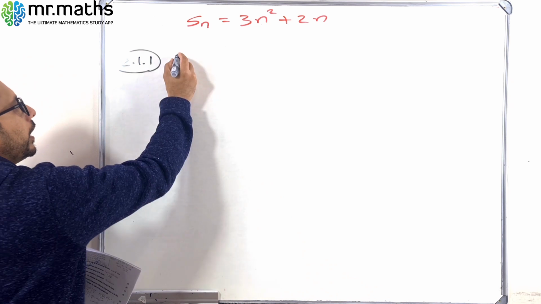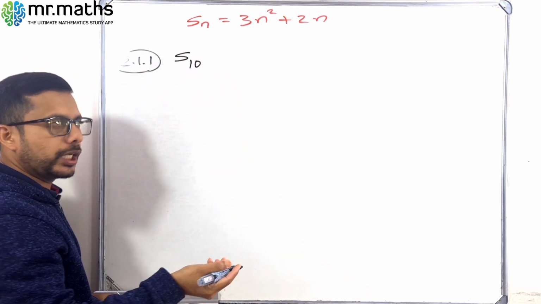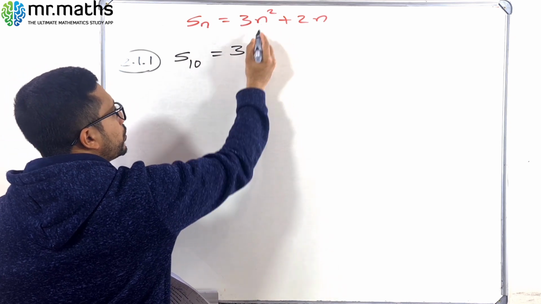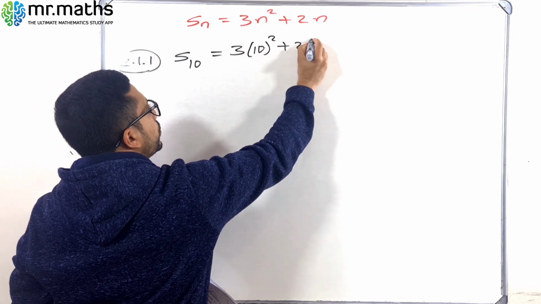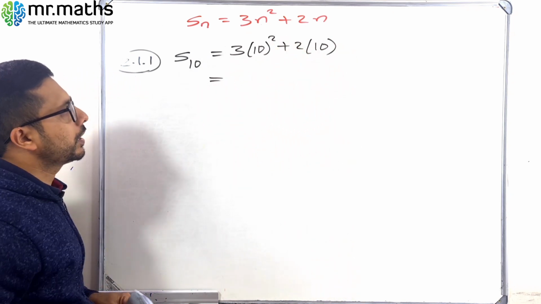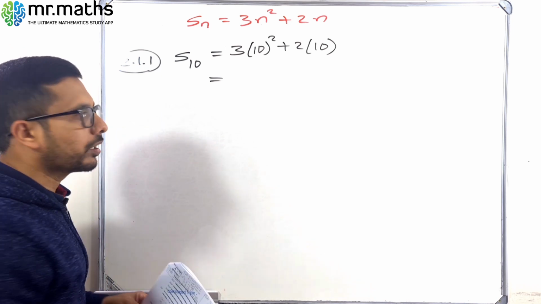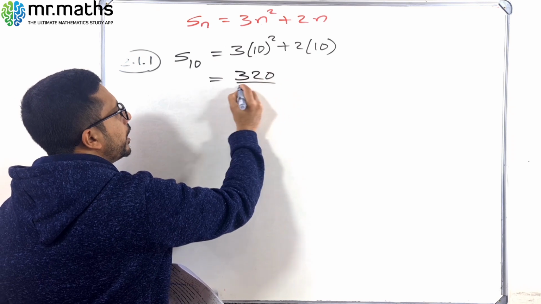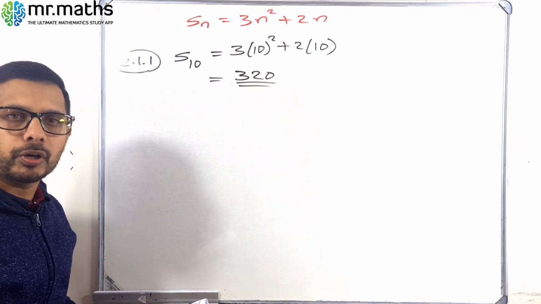So it is S10, the sum of the first 10 terms, which is equal to 3 into 10 square plus 2 into 10. Check in your calculator: 300 plus 20, 320. So the sum of the first 10 terms is 320. That is the first question, 2.1.1.